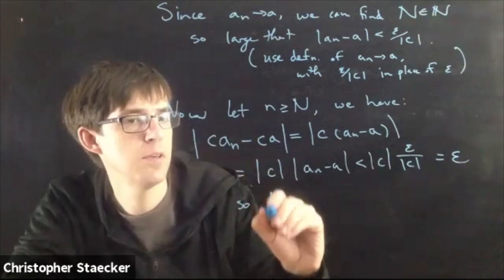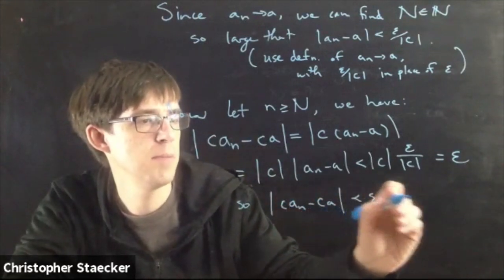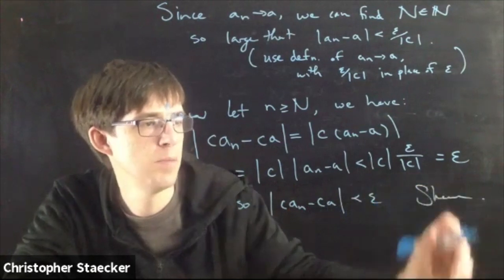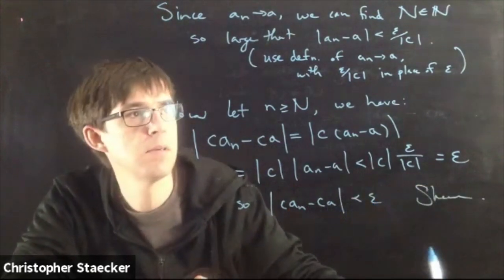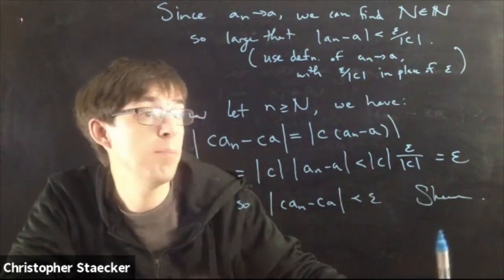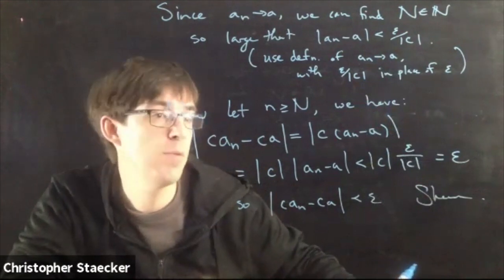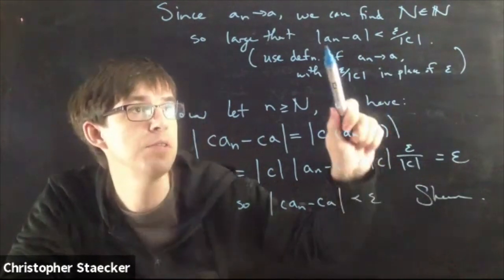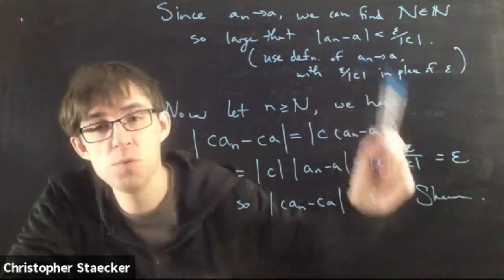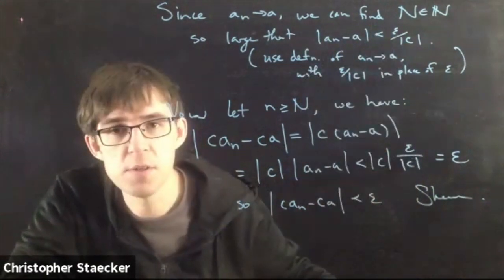So absolute value CAN minus CA is less than epsilon, which is what we wanted. All right. That's how we do it. Very similar structure to the other proof, although it's a little weird because we use the fact that the other sequence converges to show that this has to be less than something or other.